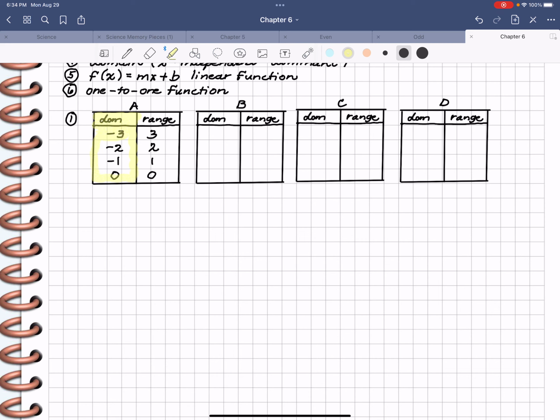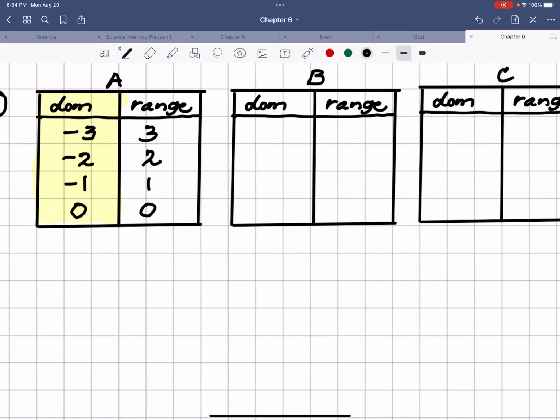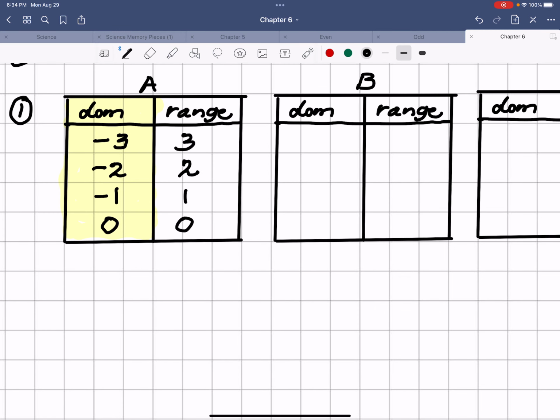There can be no duplicates in the domain. So yes, this is a function. Let me tell you why. There are no duplicates in the X column. So yes, this is a function.